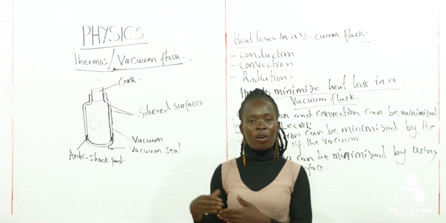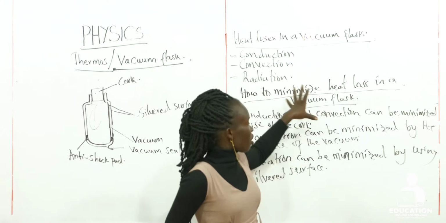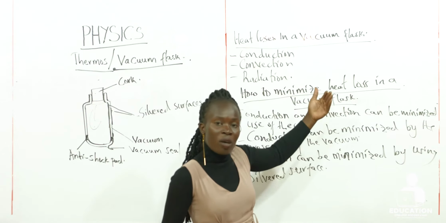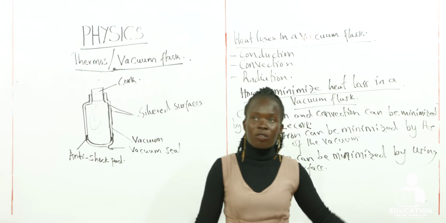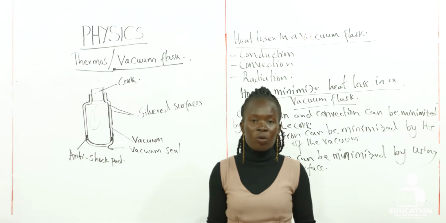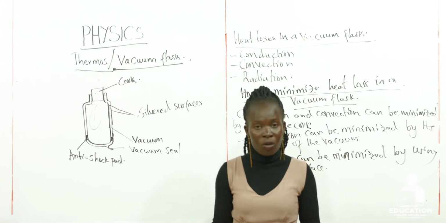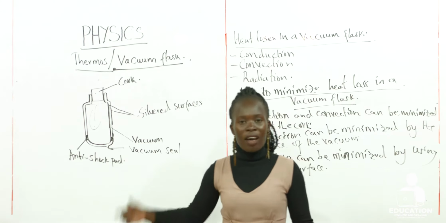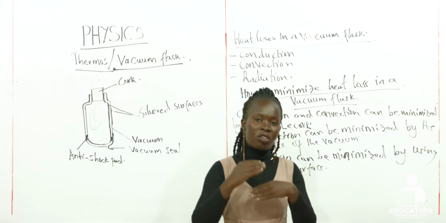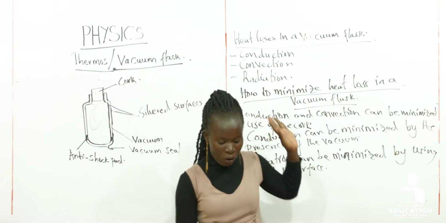The longer the liquid stays in the vacuum flask, the more heat loss there will be. That is why after 2 or 3 days, the hot liquid you kept in the flask is already cold, because heat transfer still occurs to a very little degree.